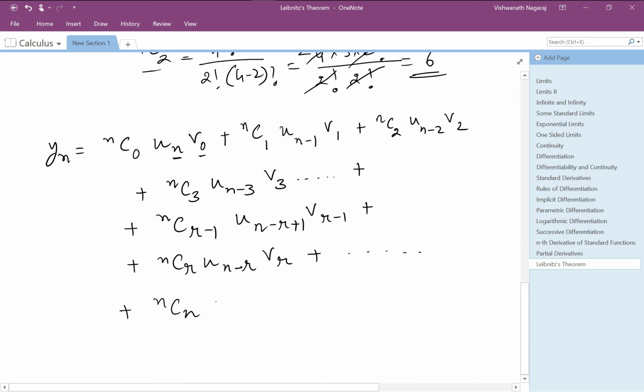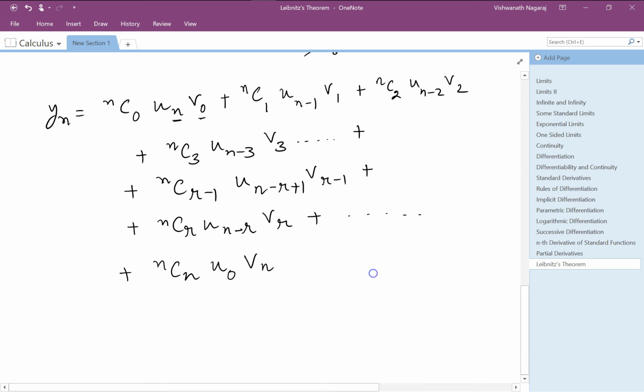Just remember, you keep reducing the subscript of u and keep increasing the subscript of v. So the last term would become u 0 and v n.